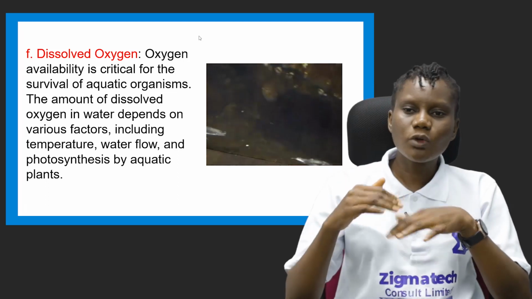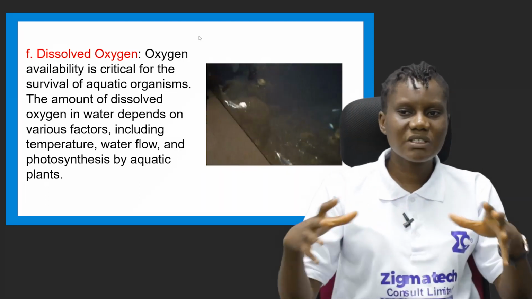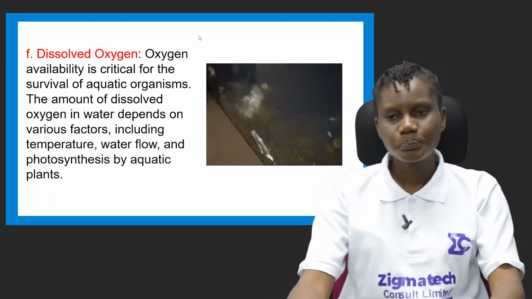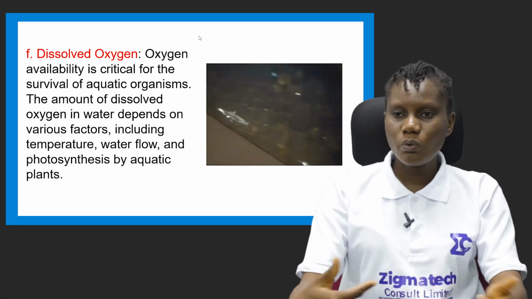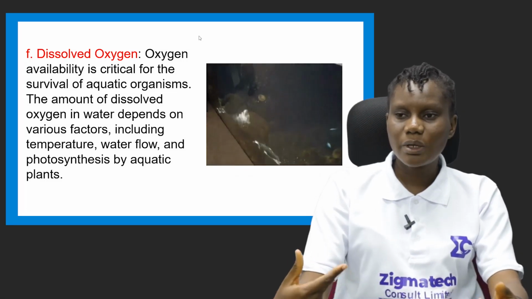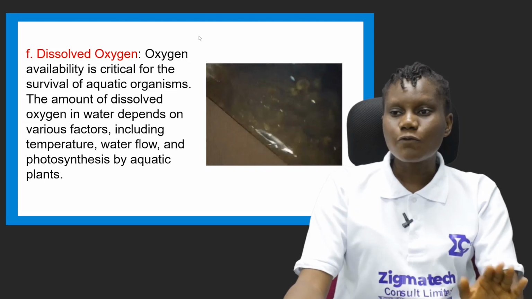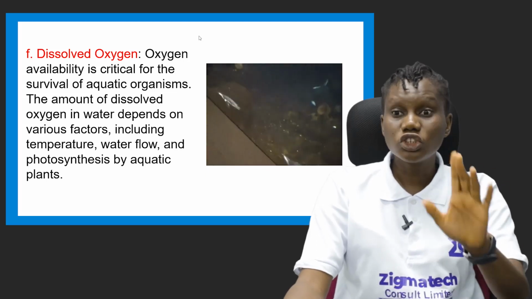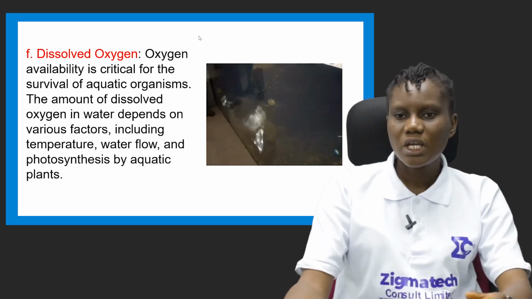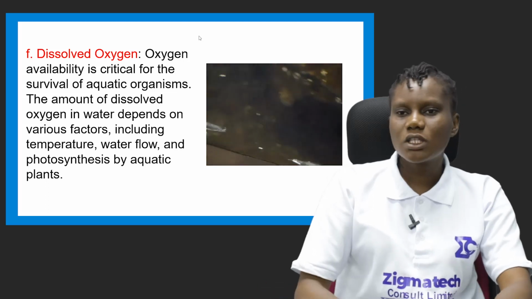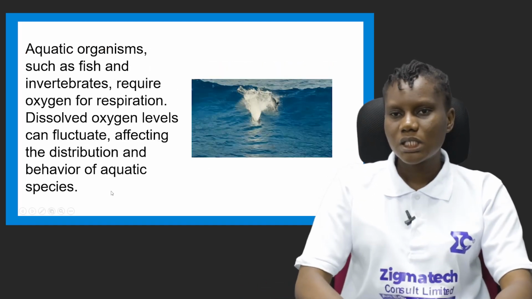The amount of dissolved oxygen in water depends on various factors, including temperature, water flow. And when we're considering water flow, I remember I said that waters that flow fast are oxygen rich. And photosynthesis by aquatic plants.